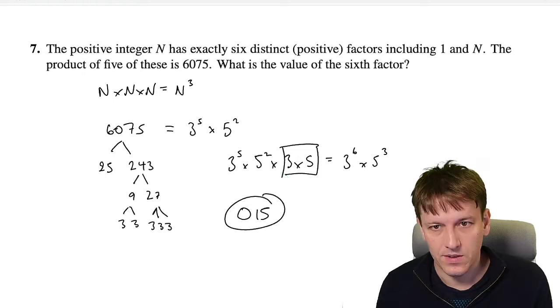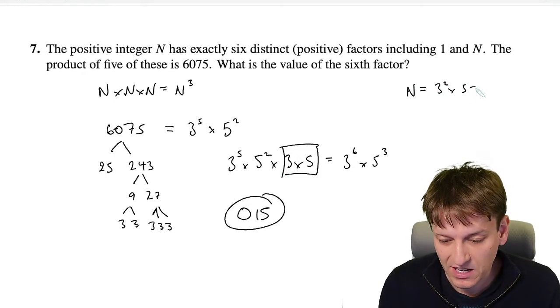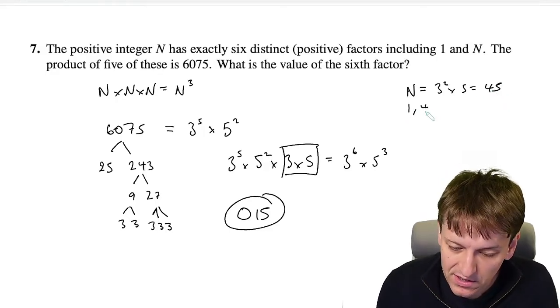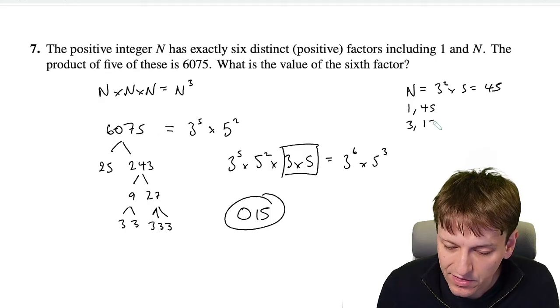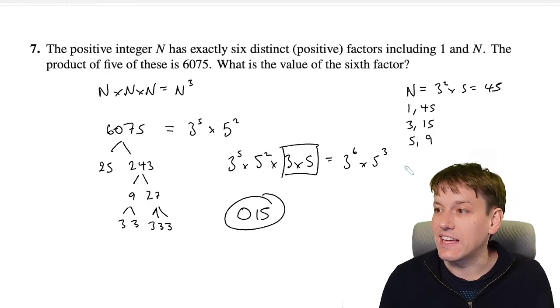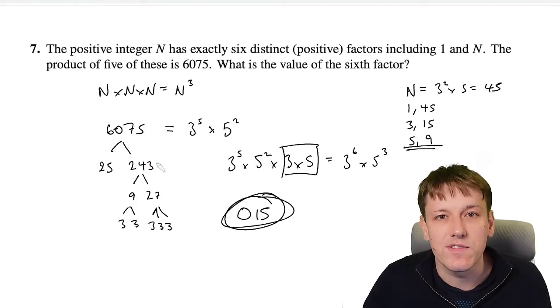Because of course, n is now just the cube root of this number, which is 3 squared times 5, which is 45. So the factor pairs that we get are 1 and 45, 3 and 15, and 5 and 9, and it all works out nicely for the answer of 015, 15.